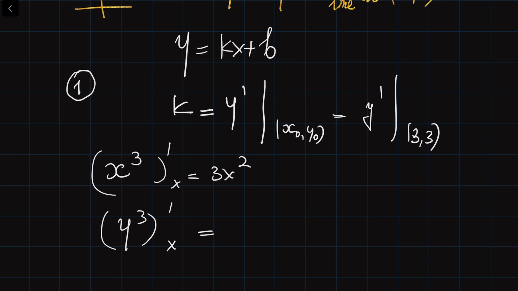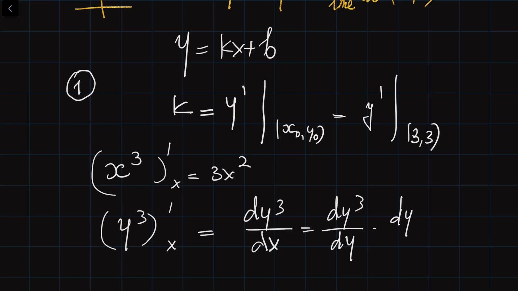Let's write this. d(y cubed)/dx is equal to d(y cubed)/dy times dy/dx. It is going to be 3y squared times y prime.